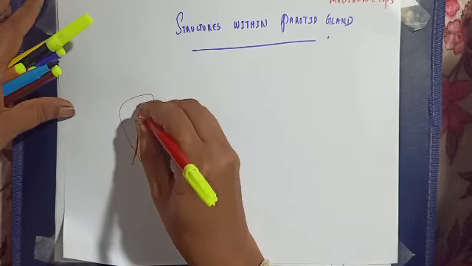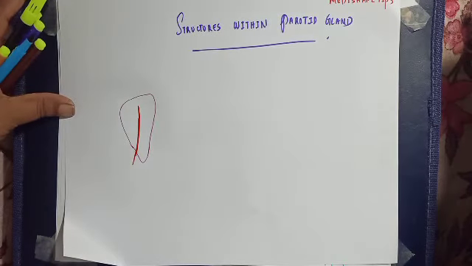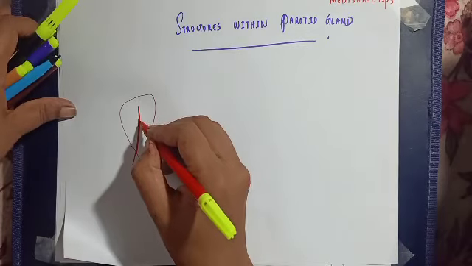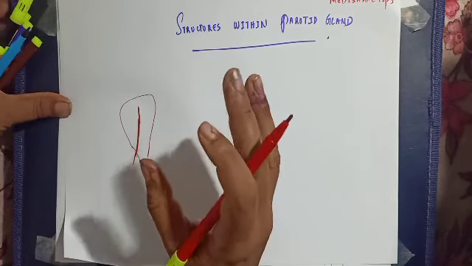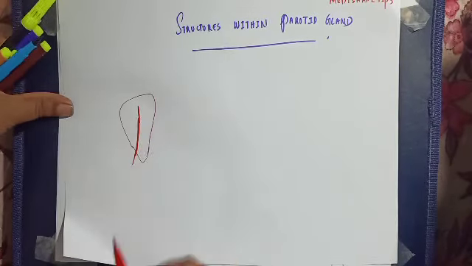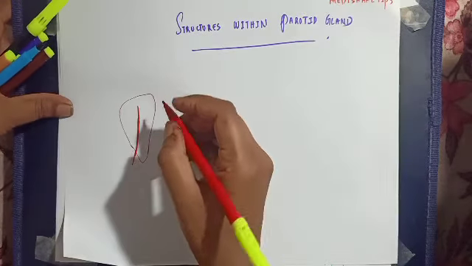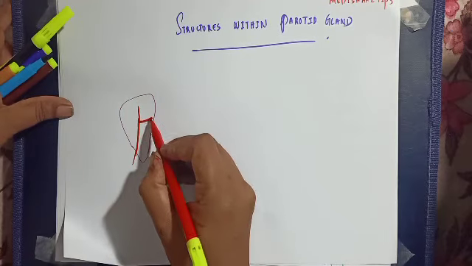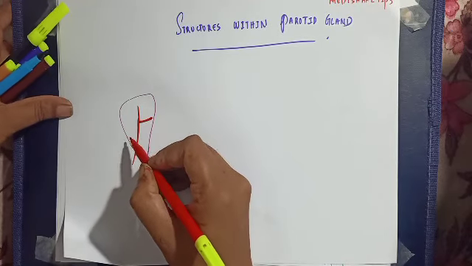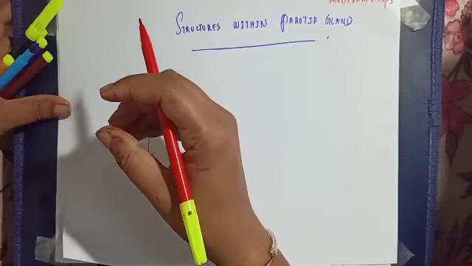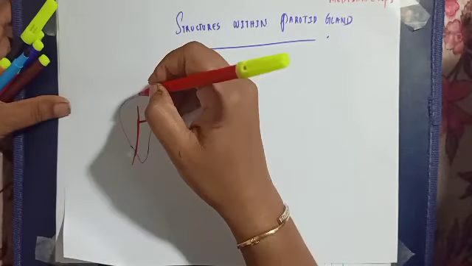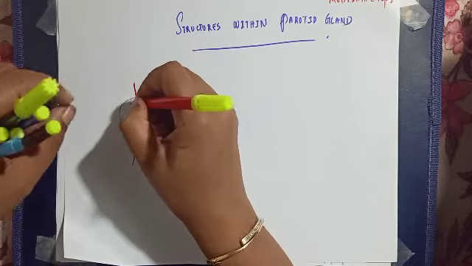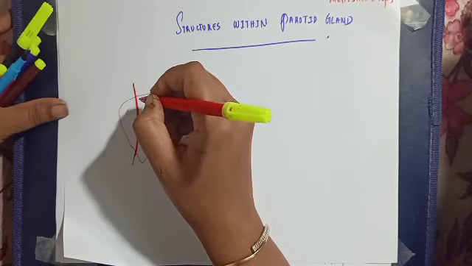Now the maxillary artery is leaving the gland through its anteromedial surface. Now we can see the superficial temporal artery here. It is related to the superior surface like this.